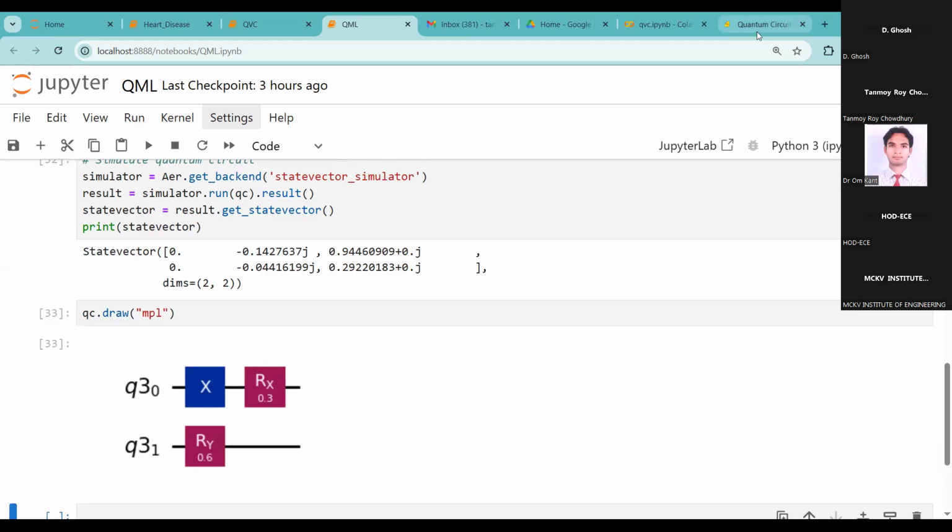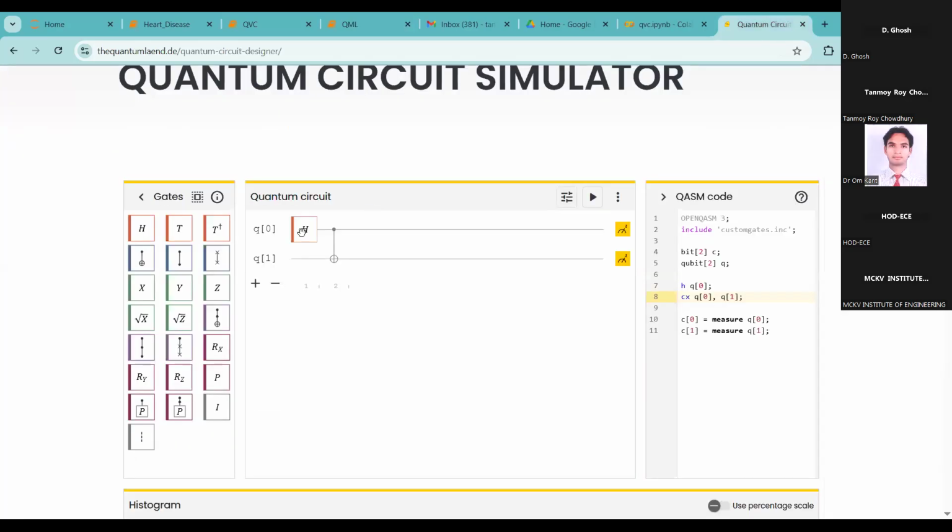So I can go and simulate the same thing over here. That is, I remove this. So what I do is I apply a NOT gate here. Then I apply an Rx gate here, and I apply an RY gate over here.